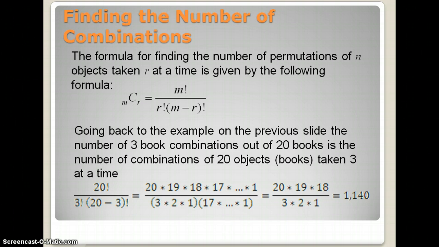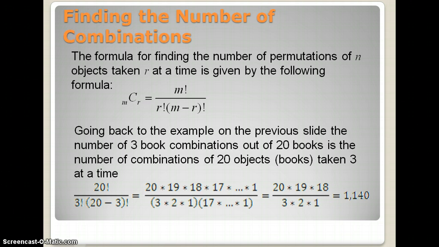So down the bottom, look at 20 books, and I want to select 3 of them. Well, if I have 20 factorial on top, and on the bottom I have 3 factorial times 17 factorial, think about what we did with permutations before. 17 down to 1 shows up on the top and the bottom. So just like we did with permutations, I'm going to cancel that out.